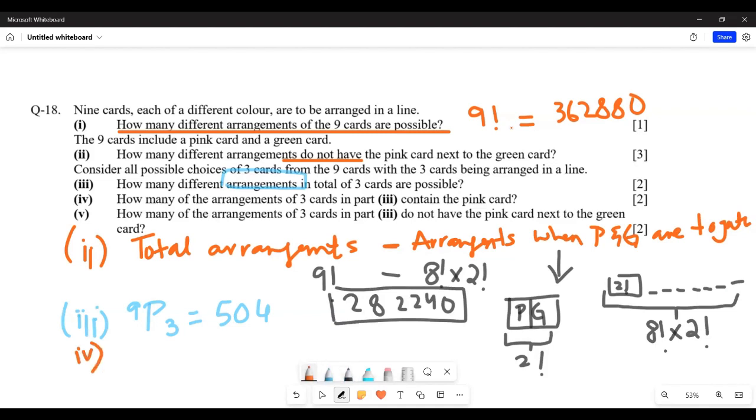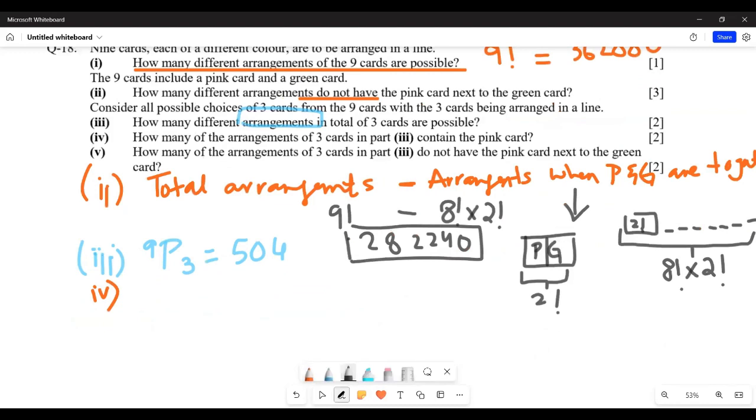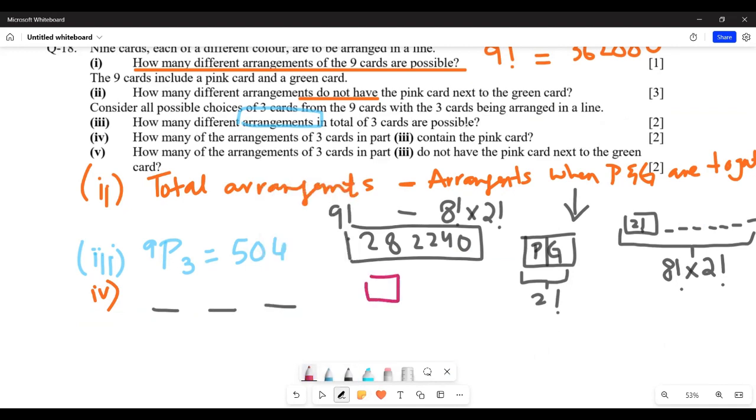How many of the 3 cards in part 3 contain the pink card? Okay, so now pink card needs to be included. So we're going to arrange the pink card first. Pink card itself is a single card, but it has 3 possible positions it can go to.